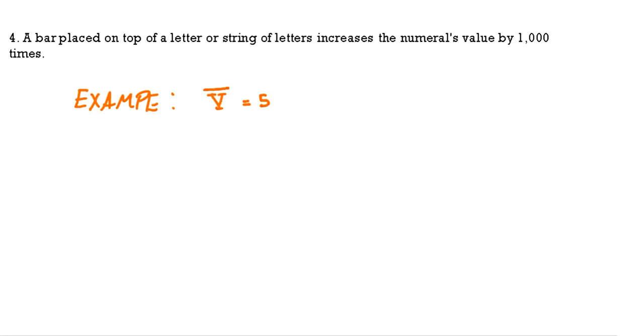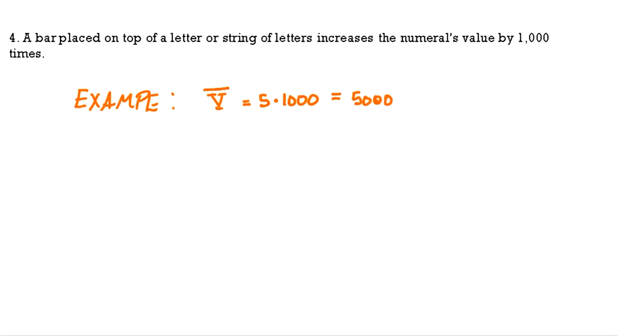This would be 5 times 1,000. So a V with a bar on top is actually not just 5, but it's 5,000. So there's our method to build up to even larger numbers than we see. And now you can see with just these 4 rules, we can build way up into millions. I mean, really, this is not a bad little numeration system at all.